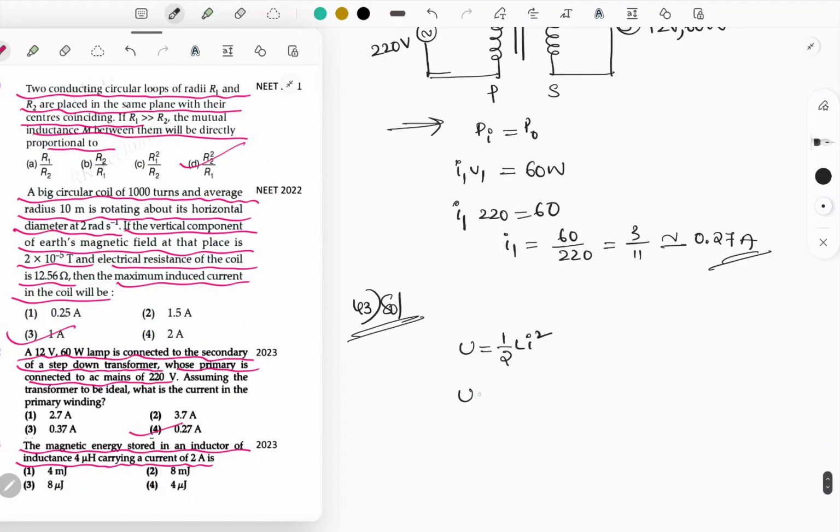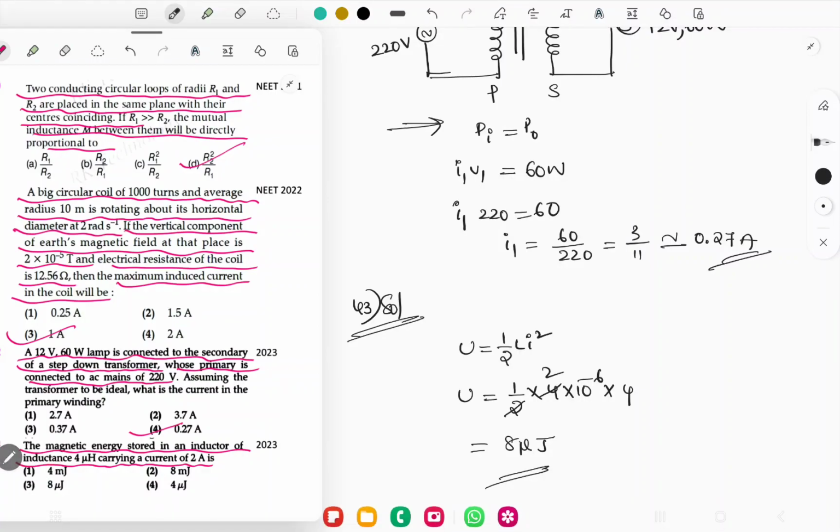So that's what we have to find out. 1 by 2 L, L is 4 into 10 power minus 6, current is 2, so I square is 2 square, which is 4. So this can be replaced as 8 microjoules. Which option matches? Option D is the correct answer.